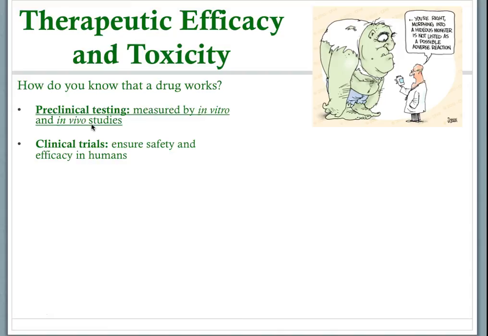I.e., does it reduce tumor growth? Does it stop? Does it improve outcomes in Alzheimer's patients such that the progression of the disease is slowed? Does it improve vascular function? So does it improve blood flow after a stroke?